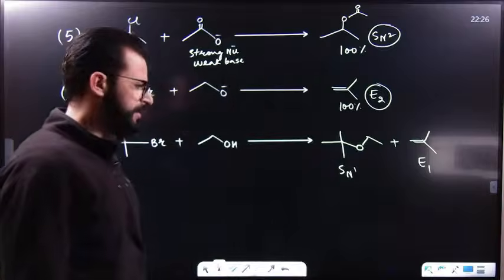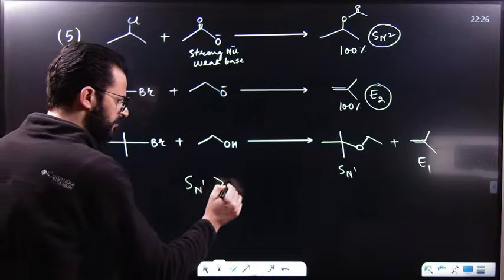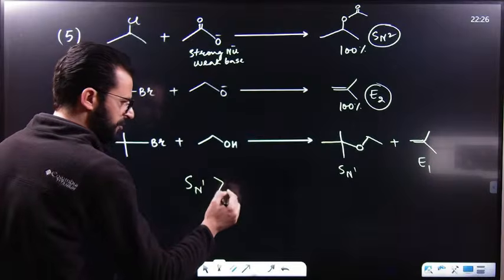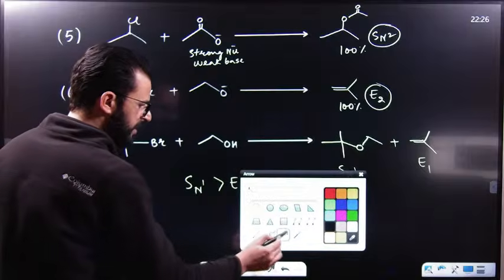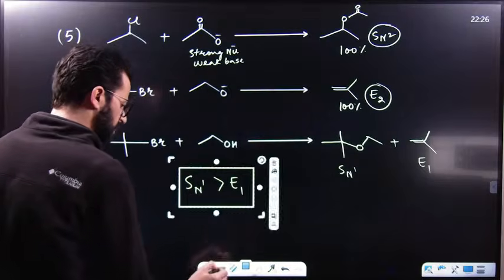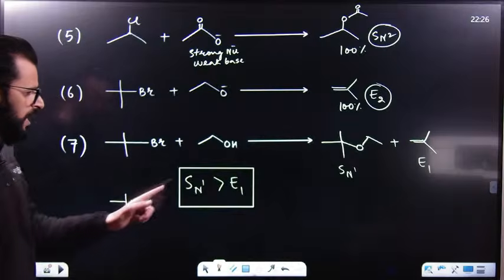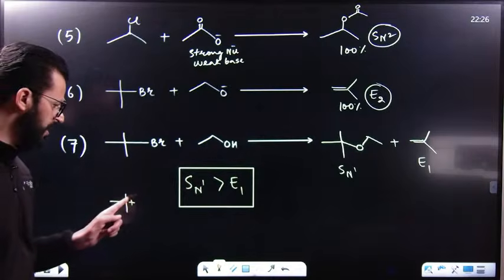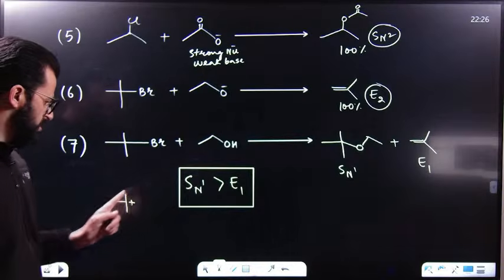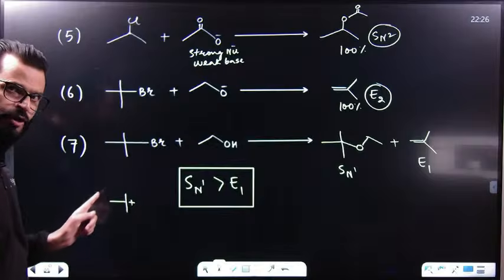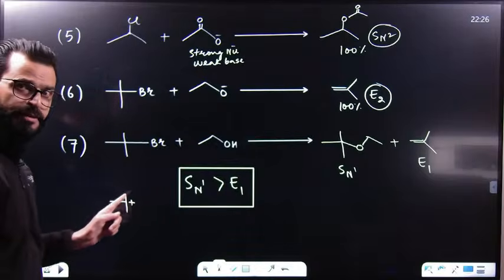But remember, among SN1 and E1, SN1 will always be the faster reaction. The rate of SN1 will always be greater than E1. What is the reason? Have a look. First of all, the carbocation will form. In case of SN1, the nucleophile has to form only one bond with this. But if it acts as a base, it has to break one bond at beta and after that form a double bond between alpha and beta.